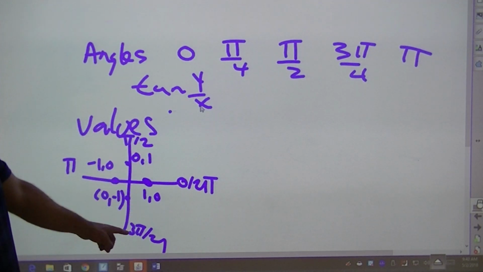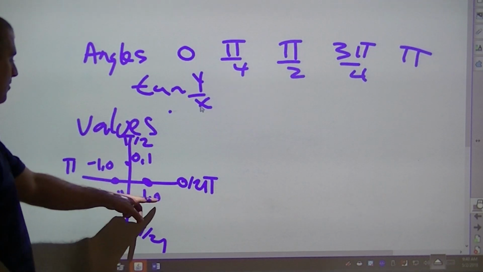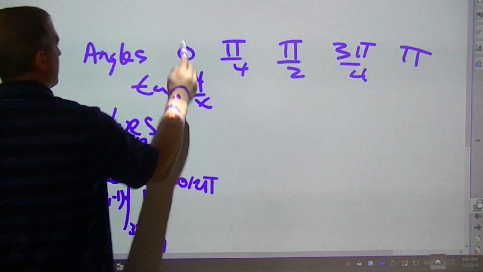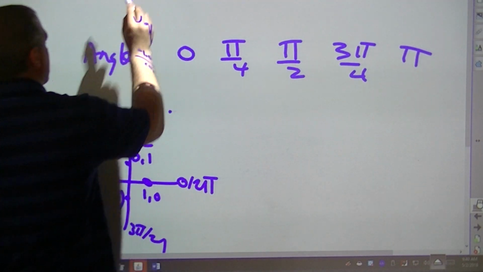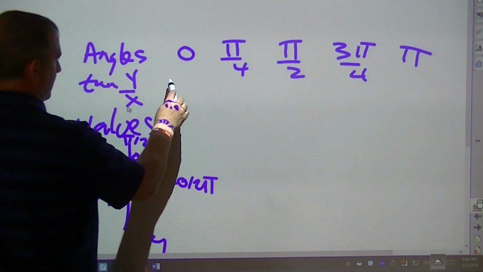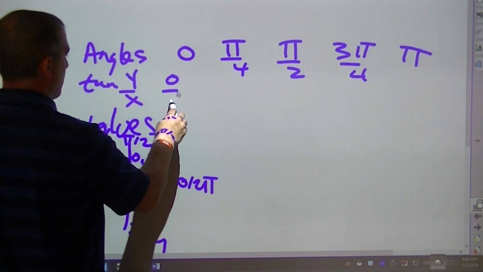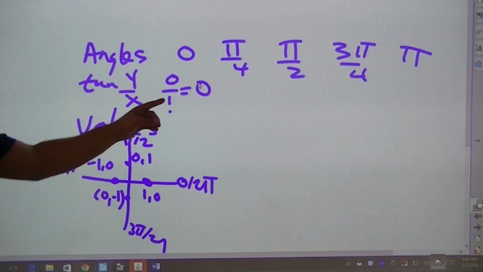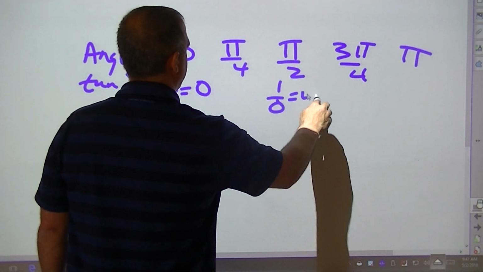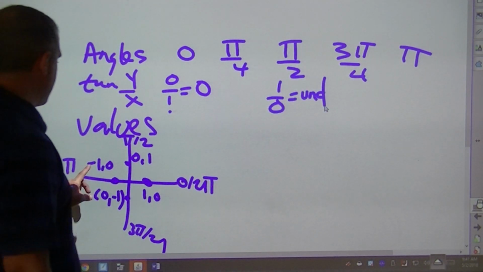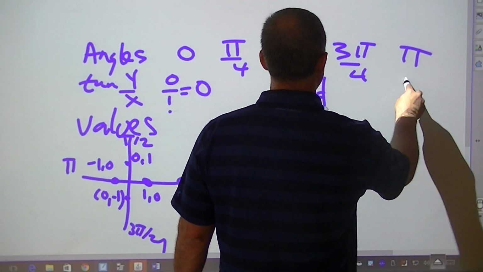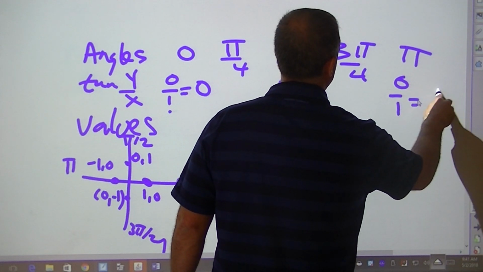So at 0, the y would be 0, the x would be 1, so that would be 0. At pi over 2, the y is 1, the x is 0, so that's undefined. And then at pi, the y is 0, the x is negative 1, which is 0.